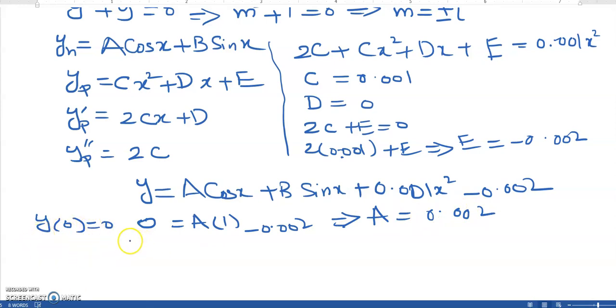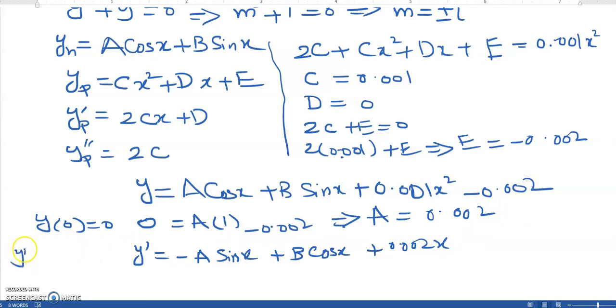And since y prime is also given, y prime is equal to minus a sine x plus b cosine x plus 0.002x, and then the last term is 0.